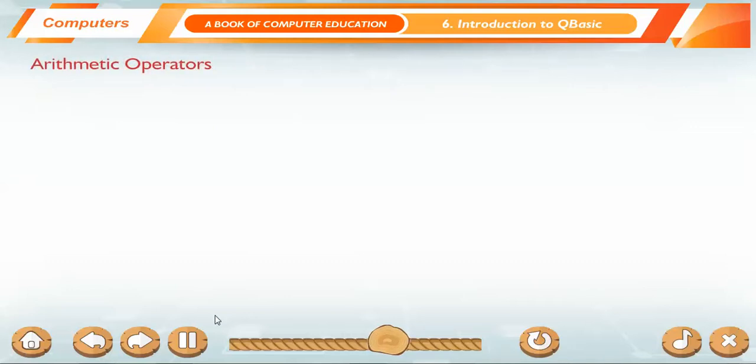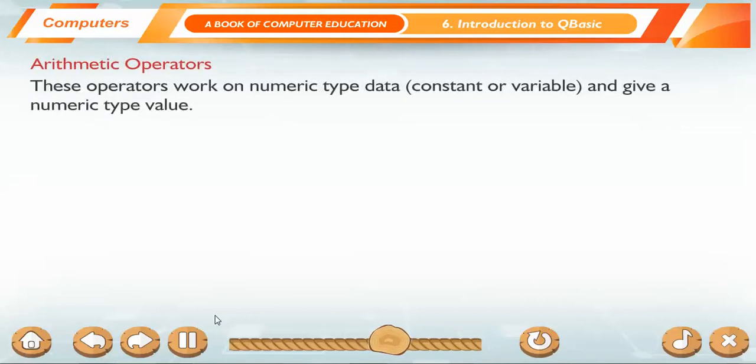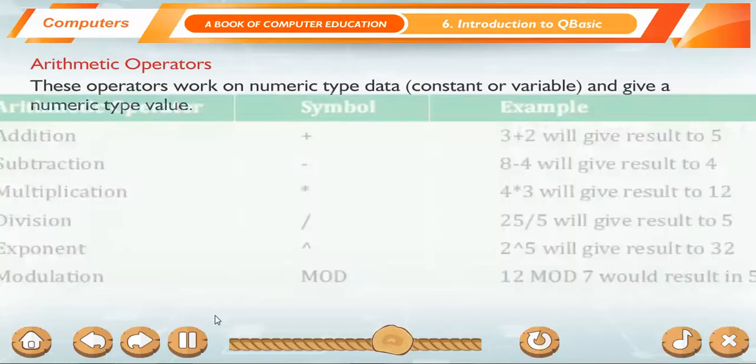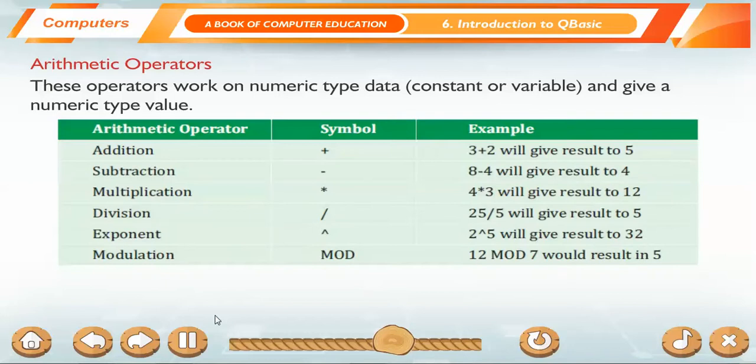Arithmetic operators. These operators work on numeric type data, constant or variable, and give a numeric type value. Arithmetic operator, symbol, example. Addition: 3 + 2 will give the result 5. Subtraction: 8 - 4 will give the result 4.